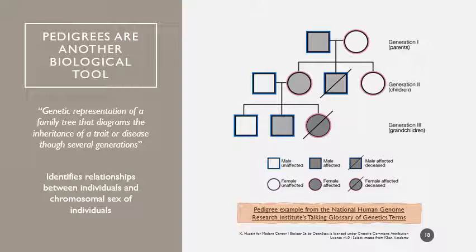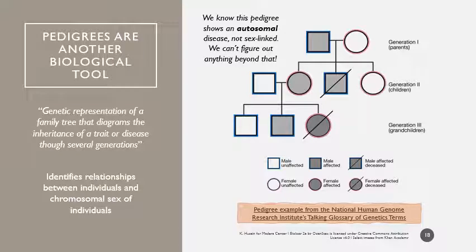That's a limitation of pedigrees because it's retrospective, it's not predicting; you're only as good as the data that you have available to you. Some patterns just aren't going to emerge in nature. Again, we know this pedigree shows an autosomal disease because there are equal ratios of it happening in males and females. It's not sex-linked, but we really can't figure out whether it's dominant or recessive.